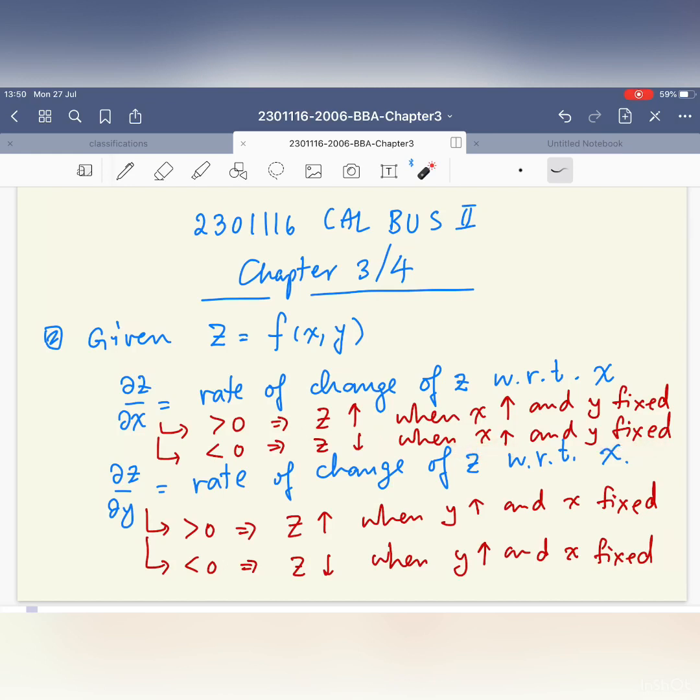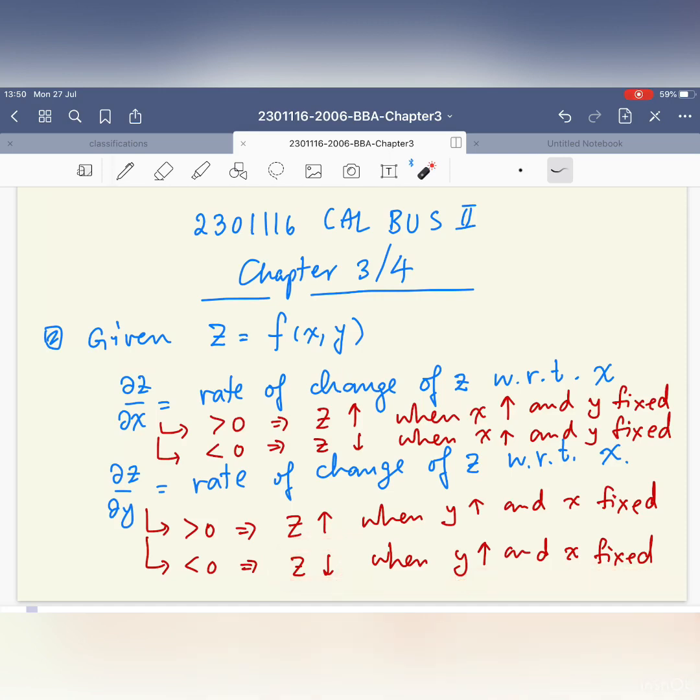And in the same token, if you talk about dz by dy, if your dz by dy is positive, then it means that your z will be increasing as your y increases and your x is fixed. And if your dz by dy is negative, then it means that your z is decreasing whenever your y increases and your x is fixed.